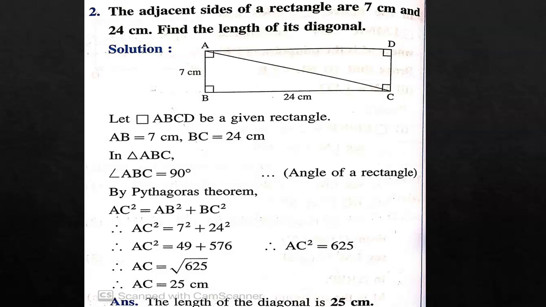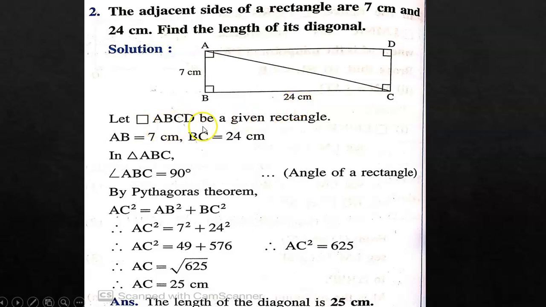Question number 2. The adjacent sides of a rectangle are 7 centimeters and 24 centimeters. Find the length of its diagonal. Now, this figure shows us a rectangle ABCD, adjacent sides. So let's take AB as 7 and BC as 24.